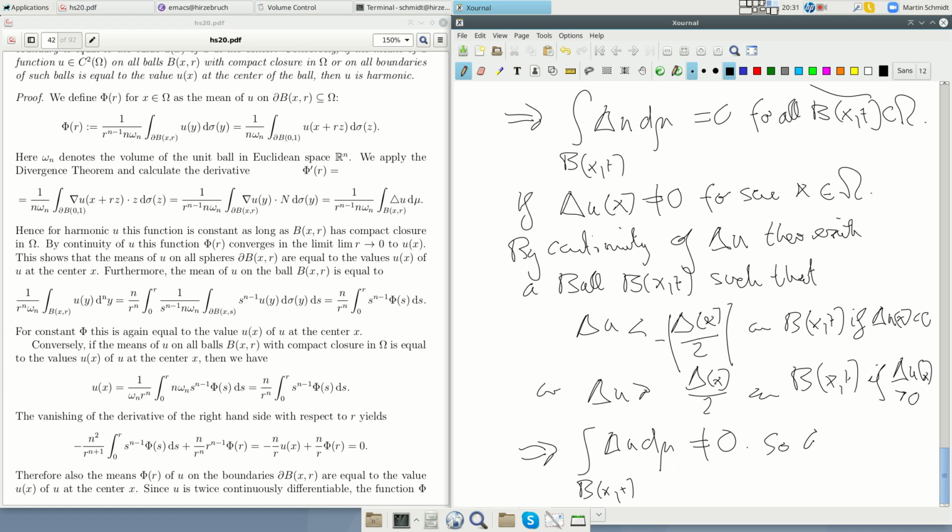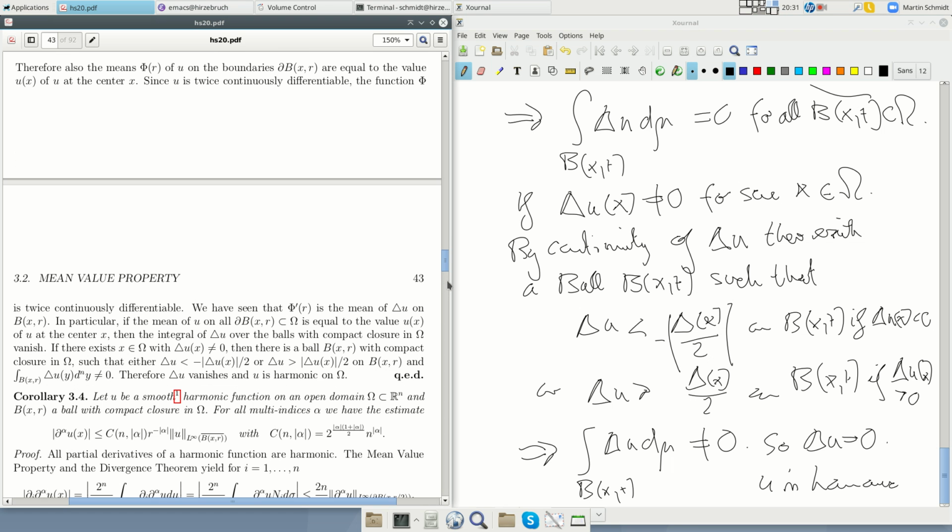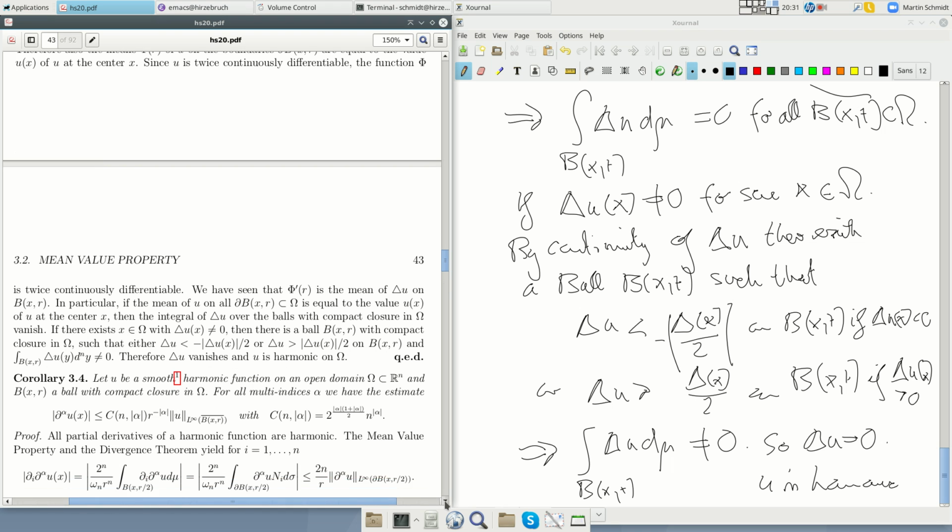So Δu is 0. And so since Δu is 0, u is harmonic. And this shows the reverse inequality. Now we have proven the reverse inequality. Okay, very nice. Now we proved both directions.